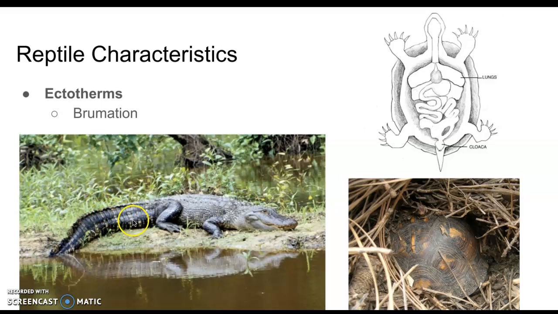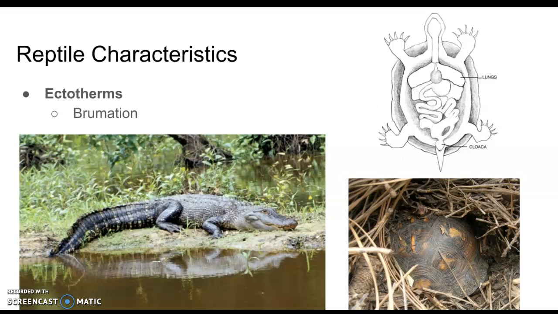But they also have something called brumation, and brumation is basically like a hibernation. So the organism will be very cold in the winter, and instead of trying to go to exposed places where it might be in danger of getting hurt, it will basically bury itself or hide in a very dark, warm place, and it slows down its processes.